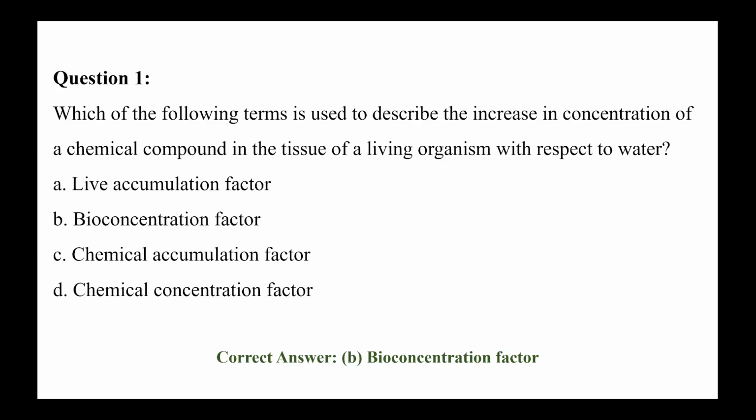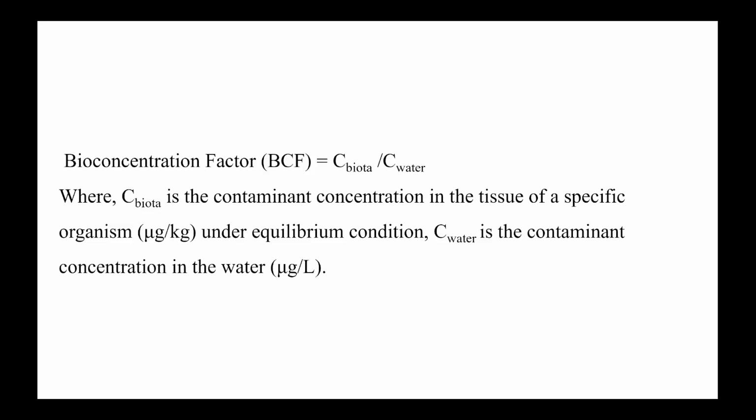Bioconcentration factor is defined as the concentration of a compound in the biota, biota meaning any living tissue or living organism, divided by the concentration of that compound in water. C biota is the contaminant concentration in the tissue of a specific organism in micrograms per kg under equilibrium condition, and C water is the contaminant concentration in water in micrograms per liter.